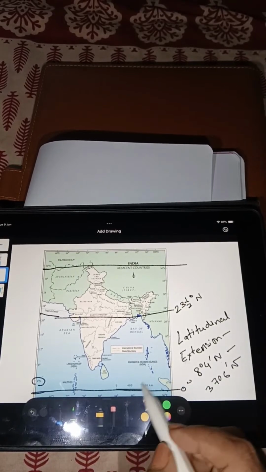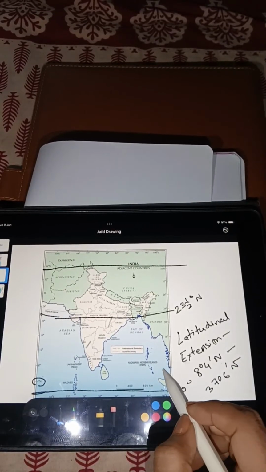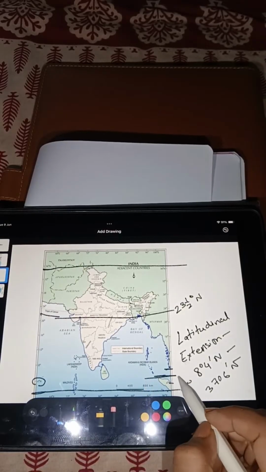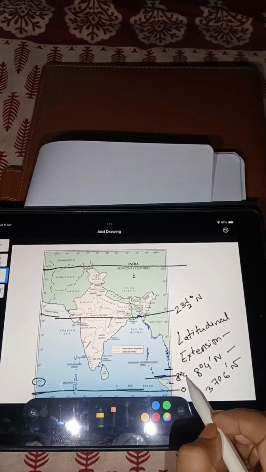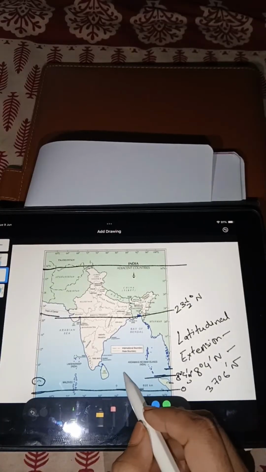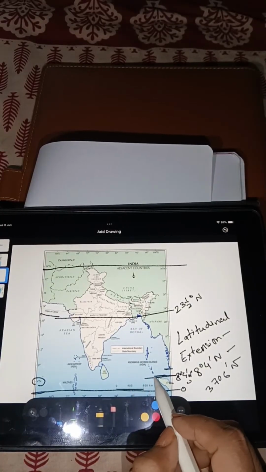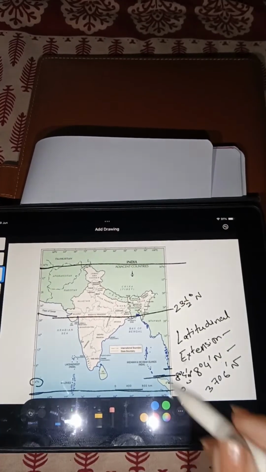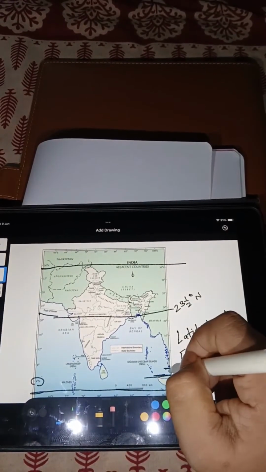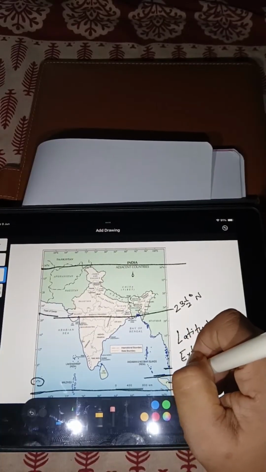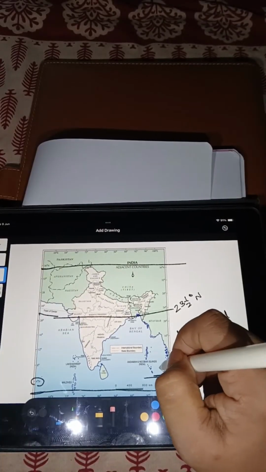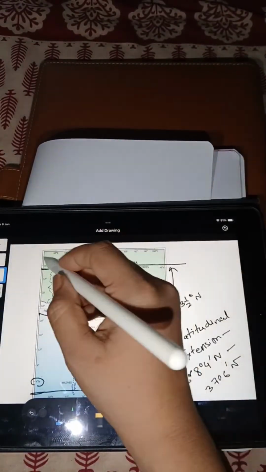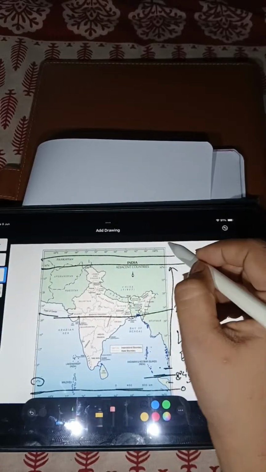So 8 degree means somewhere this is 4, this is 8. So here it is 8 degree 4 minutes north, and here the boundary starts from Andaman and Nicobar. From here it extends to 37 degree.